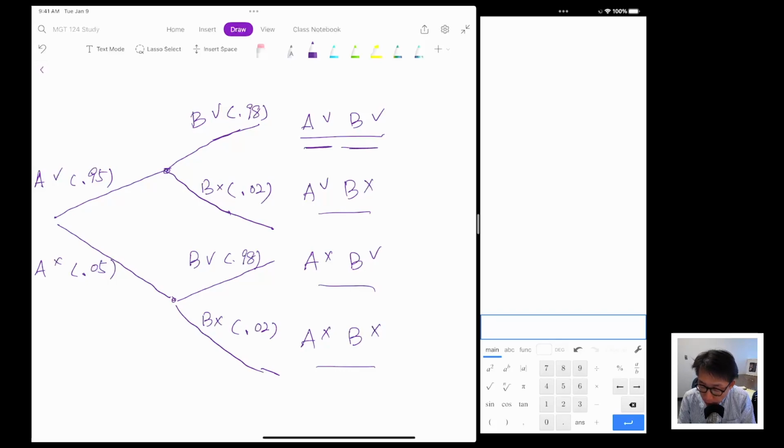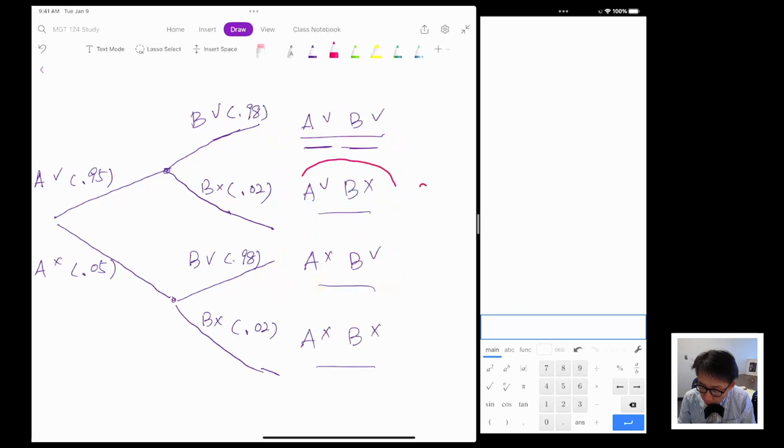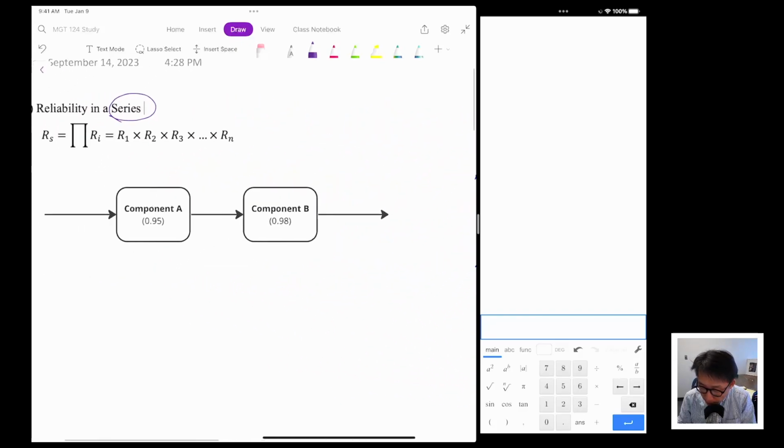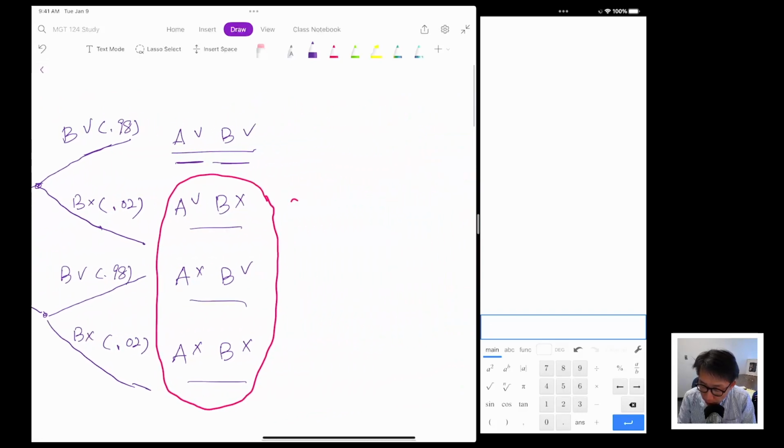And unfortunately, all 3 of the others below will have at least one that is not working. So therefore, we don't need to consider them. To calculate the reliability of A and B, just follow this particular diagram. You are multiplying the reliability of A with the reliability of B.